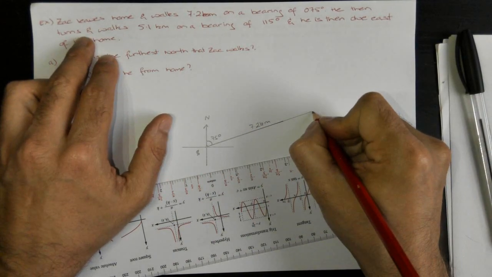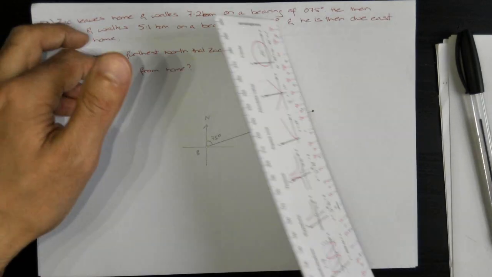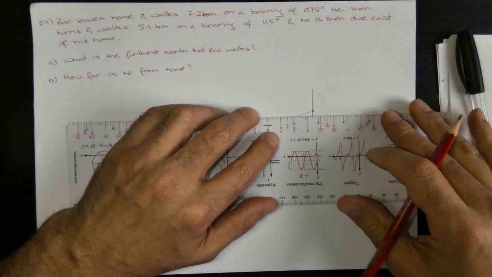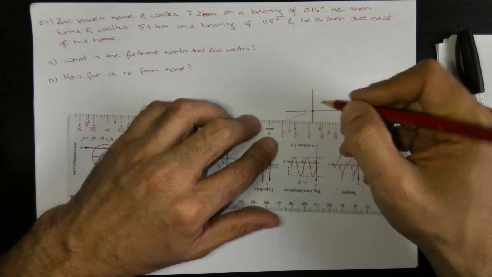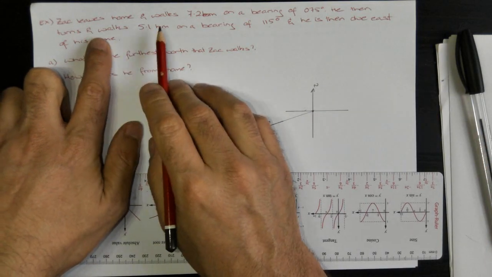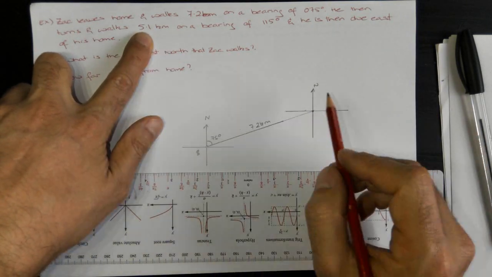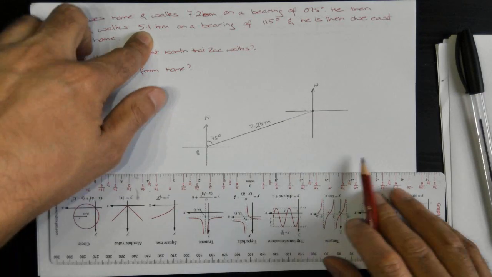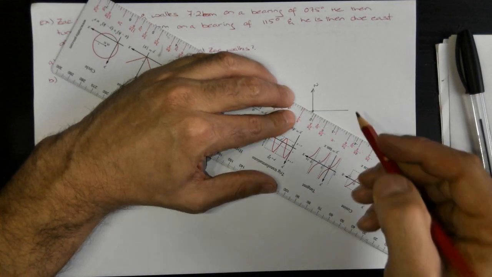He then turns, so from here, he then turns and walks 5.1 kilometres on a bearing of 115. So from here, there's 90, and 115 would be in this quadrant somewhere.